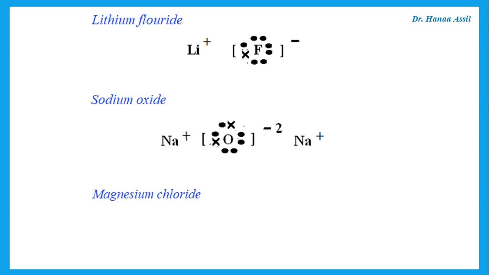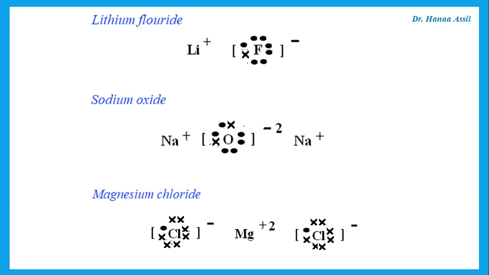But the oxygen is in group 6. It needs 2. Now, where is it going to get the 2? From another sodium ion. So I have 2 sodiums losing 1 electron each to form a positive ion, while the oxygen gains 2 electrons, so it becomes 2 negatives or 2-. Magnesium chloride.